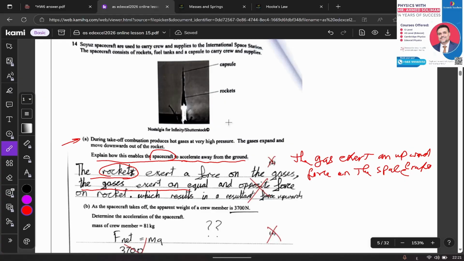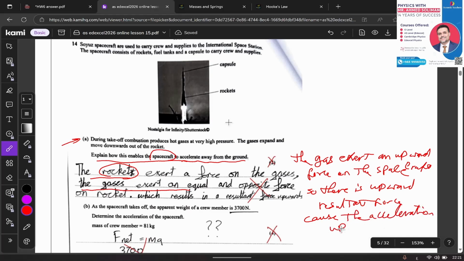Okay, yes. So there is an upward resultant force, which causes the acceleration upward.